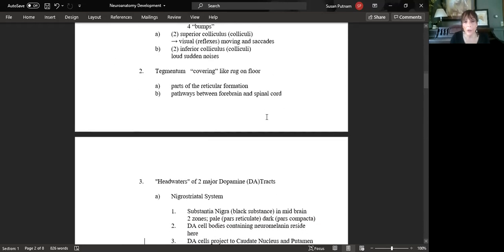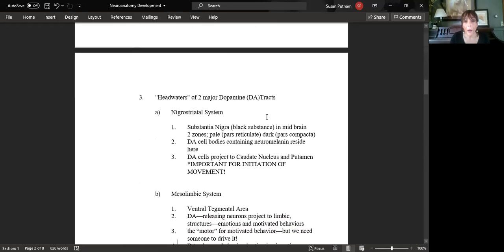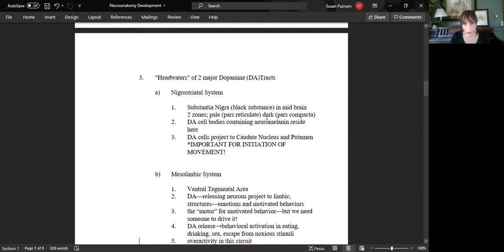We are going to be adding one more major dopamine tract later, and also a smaller, less known dopamine tract. But for now, this is what I would like you to concentrate on so that we start building for the rest of the semester. The first is the nigrostriatal system.